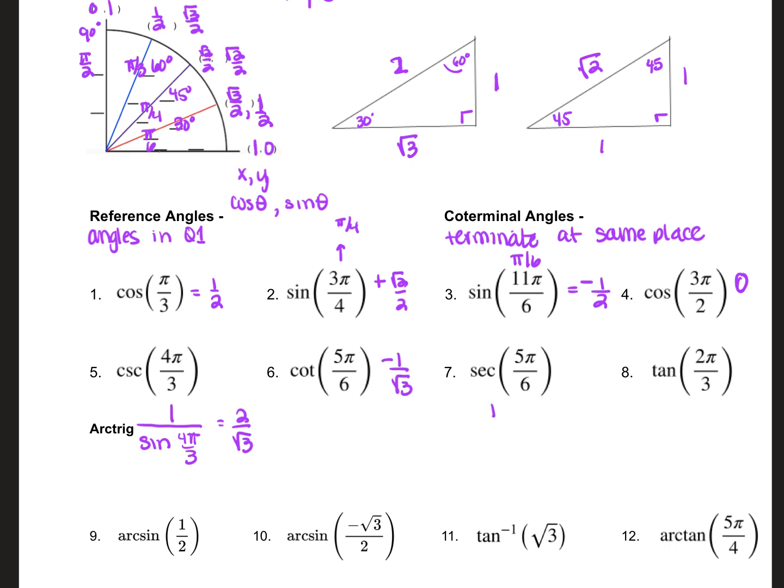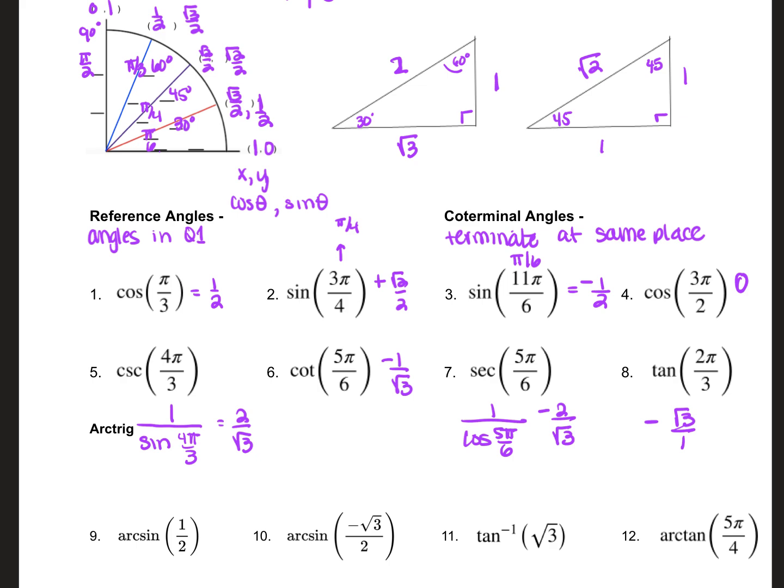Secant would be 1 over cosine. Its reference angle is pi over 6. So root 3 over 2, but reciprocal, and it's in the second quadrant, so it's negative. Tangent of 2 pi over 3. And it's in the second quadrant, so it's negative.